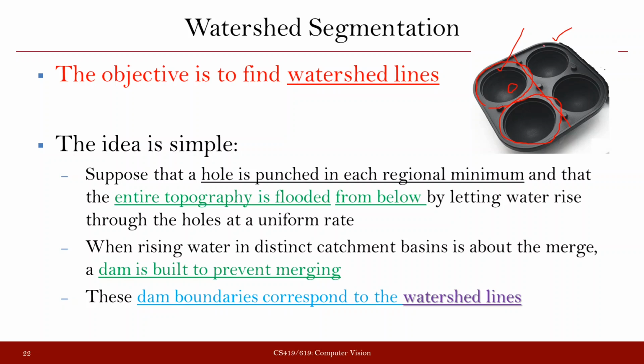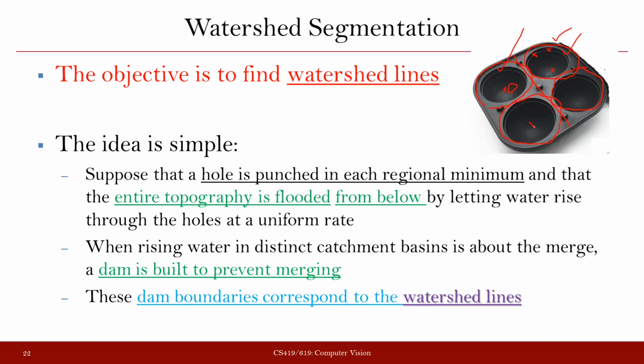This is the objective. Now, how can we find these watershed lines? As we know, for whatever points we have inside a watershed region, if water falls, it will accumulate at the same place. Similarly, you see here, anywhere the water falls, it is going to accumulate here.